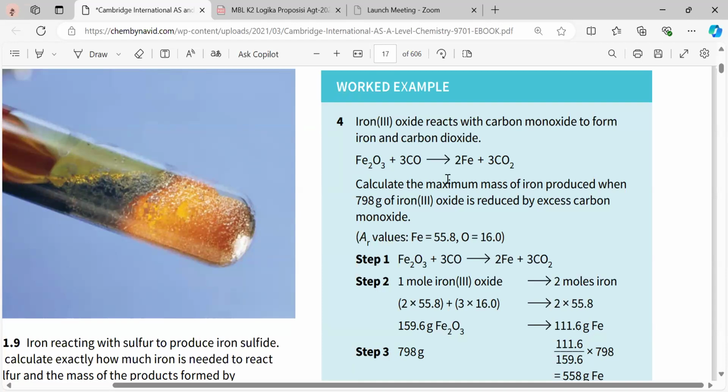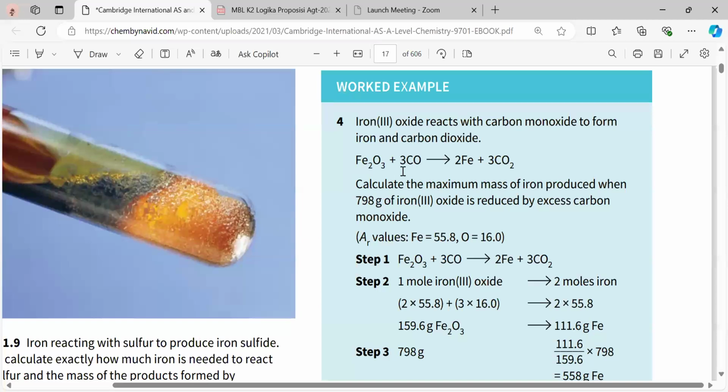For oxygen, we have 3 oxygen atoms in Fe2O3, and 3 CO gives 3 oxygen atoms again. So O times 3 times 2 is 6, and 3 plus 3 is 6. So we know that oxygen is balanced.